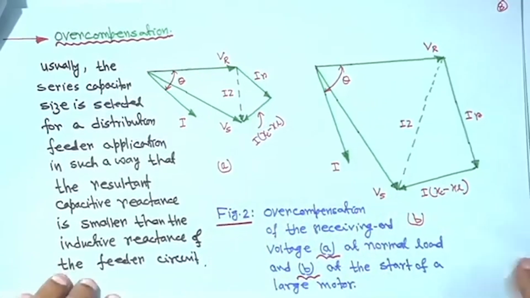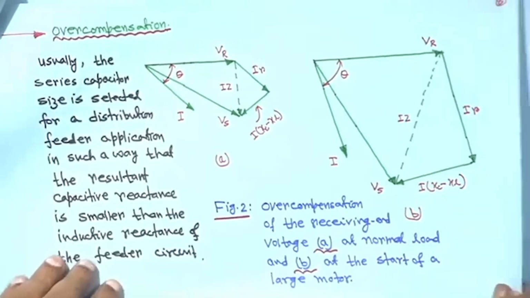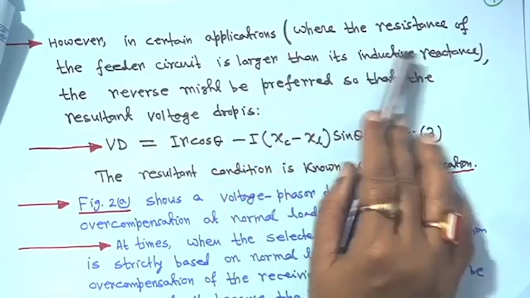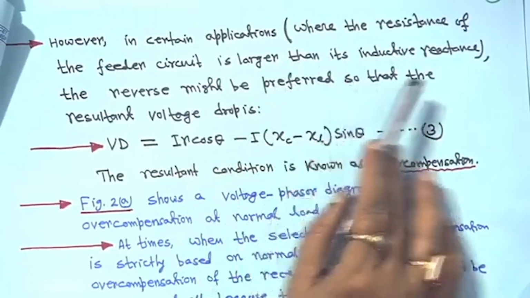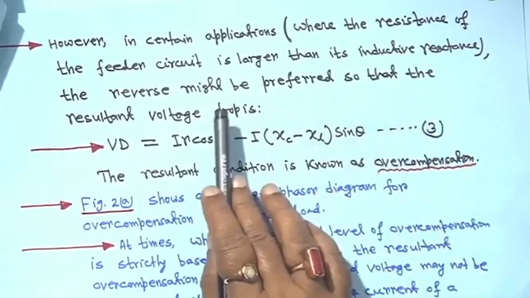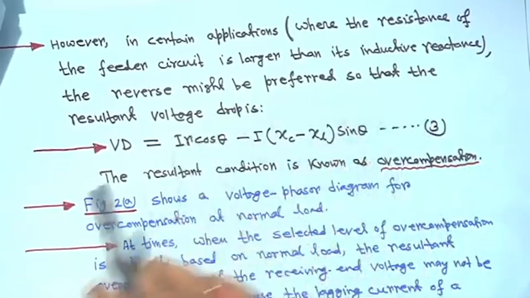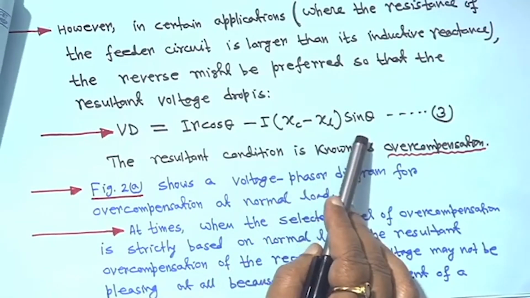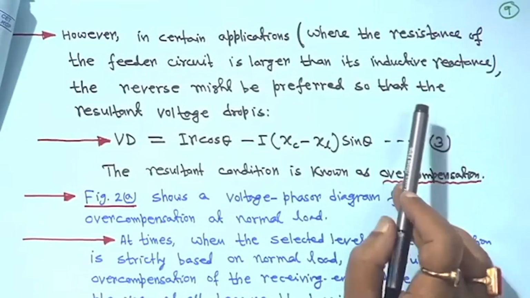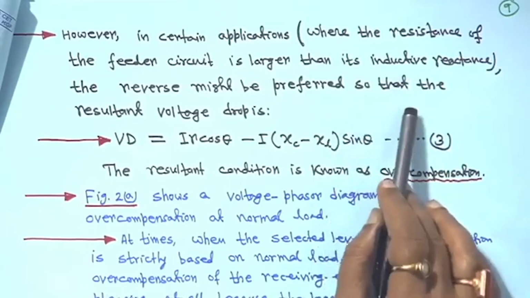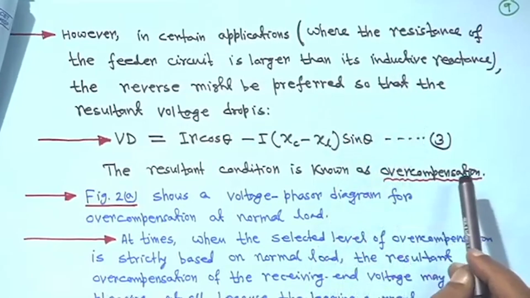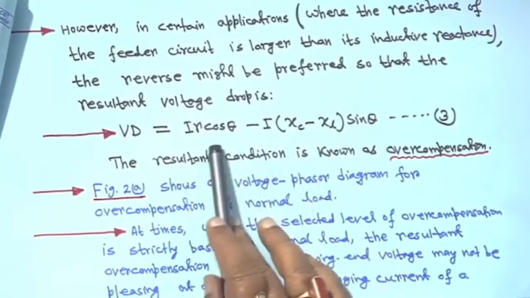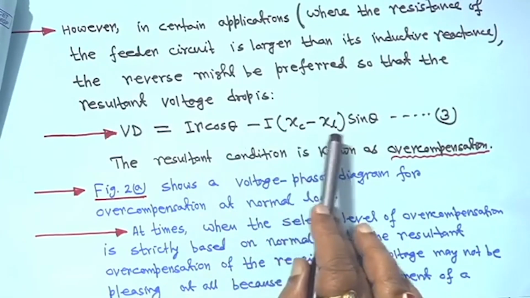Now the second thing is this phasor diagram at the start of a large motor. In certain applications where the resistance of the feeder circuit is larger than its inductive reactance, the reverse might be preferred. So the resultant voltage drop will be IR cos theta minus I(XC minus XL) sin theta.